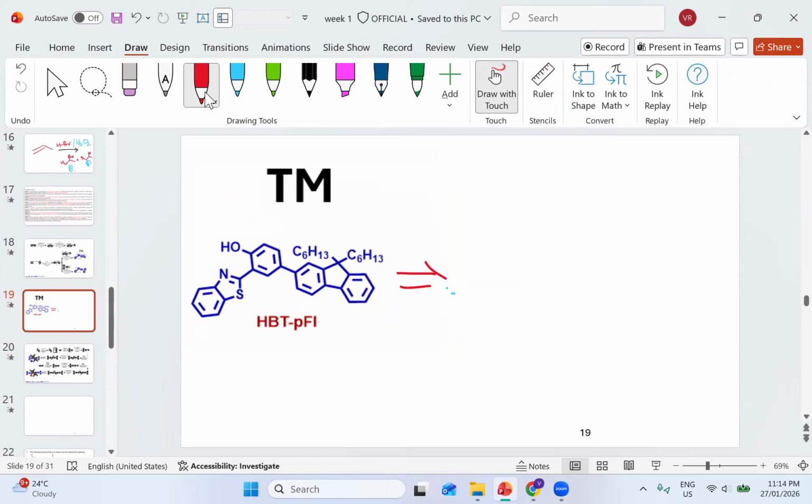You can simply see the this part looks different and this part is different. These two are connected with each other with this bond.